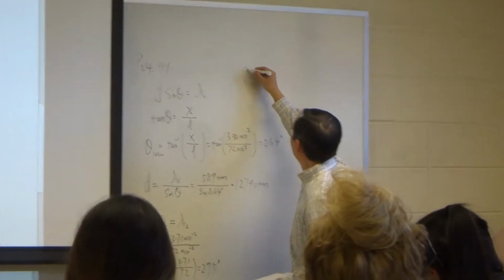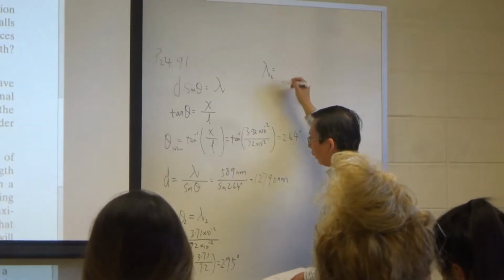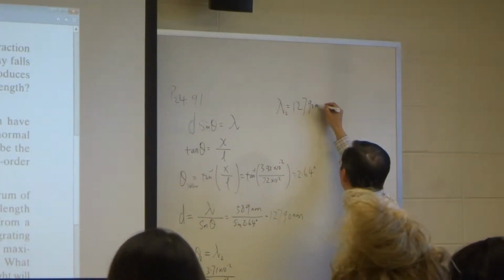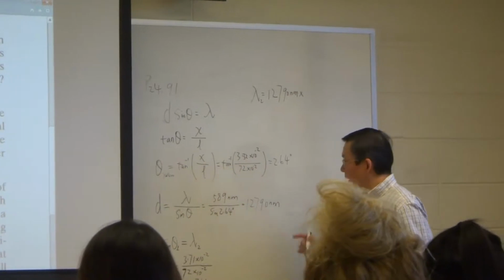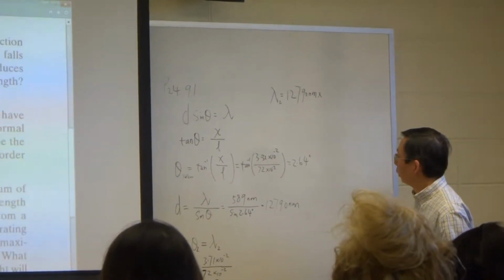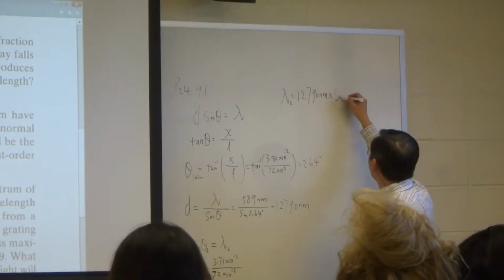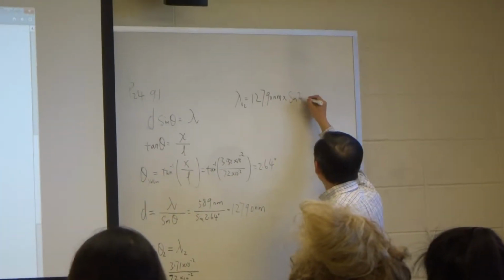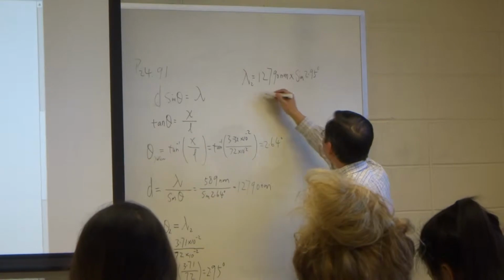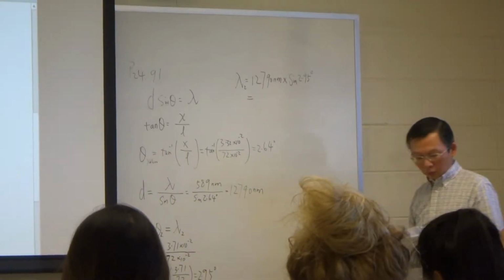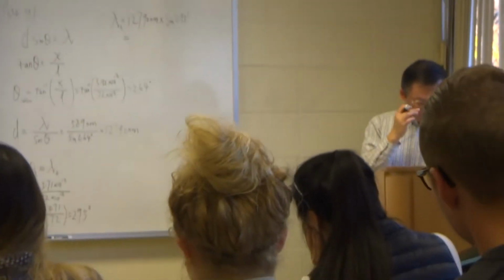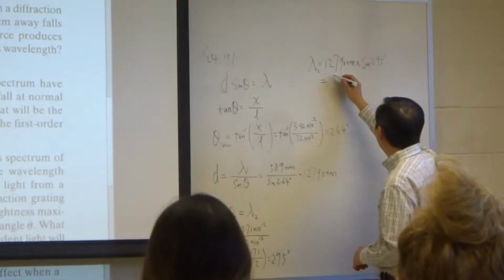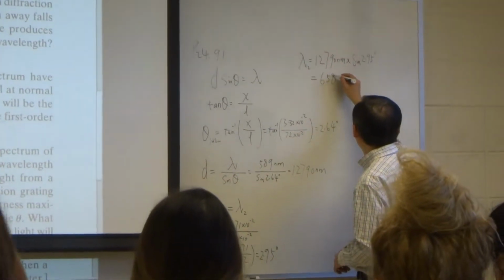So lambda 2 is just d, this number, times the sine of this angle, theta 2, 2.95 degrees. Okay? So you find that the wavelength is 658 nanometers.